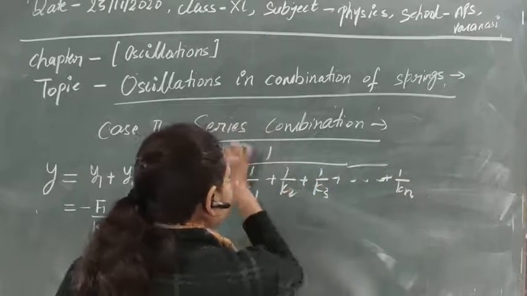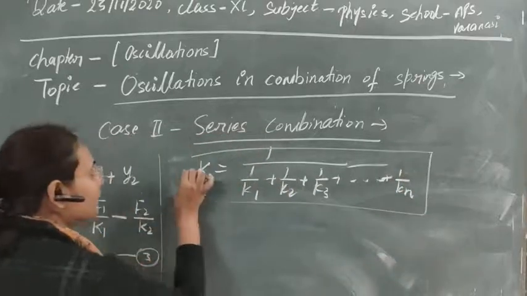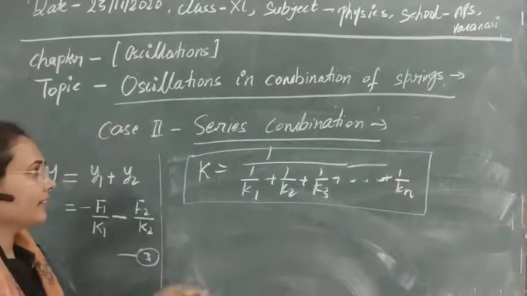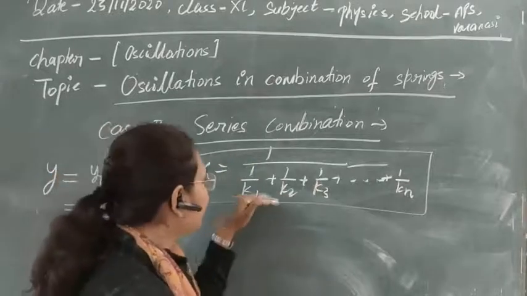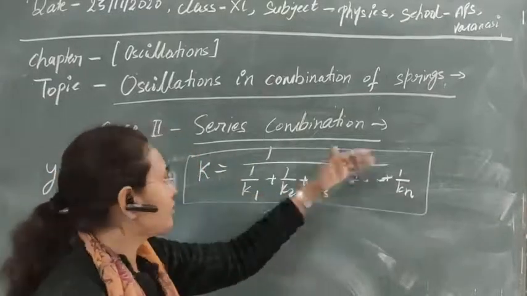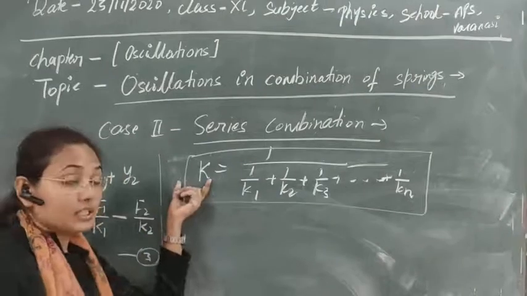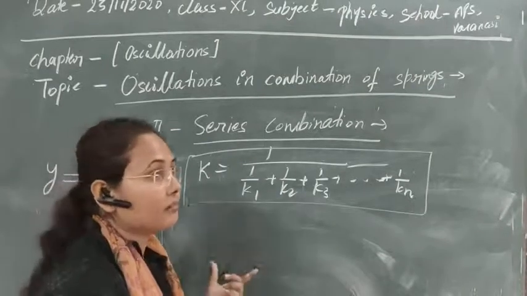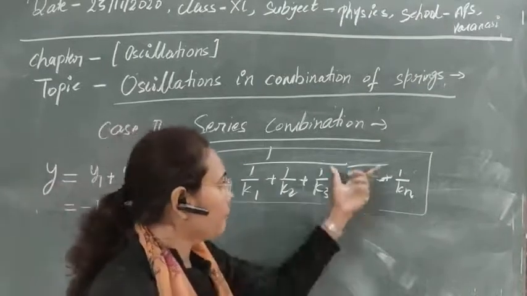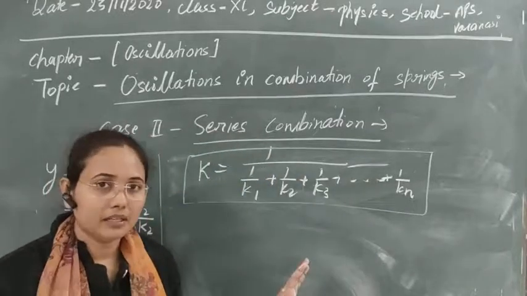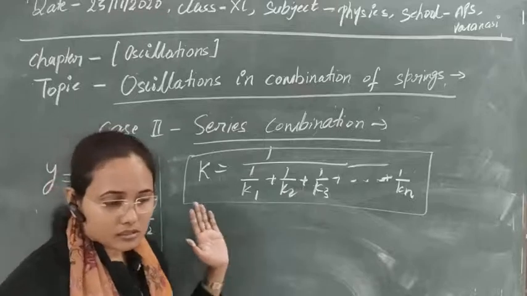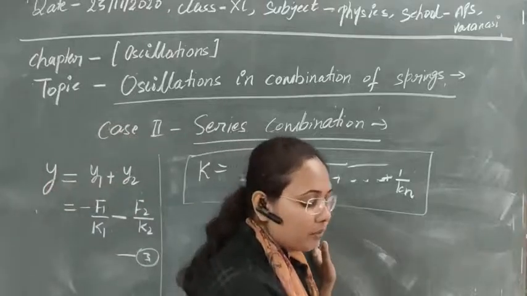This is the formula for the combination of n springs connected in series. With the help of the individual spring constants we can easily calculate the spring constant of the combined system, and with this we can easily calculate the time period of the oscillation.